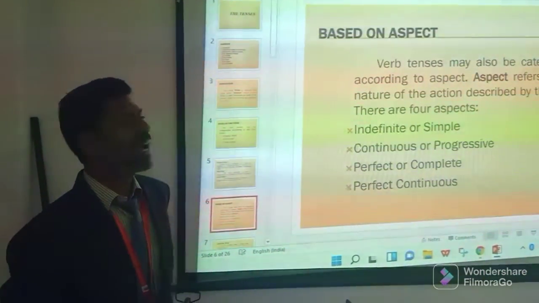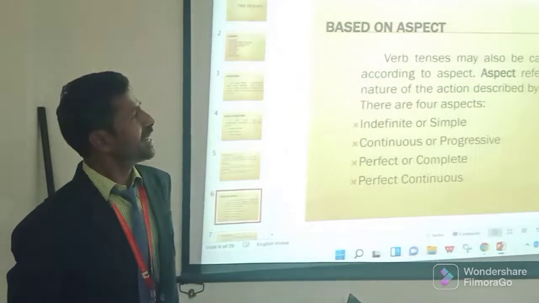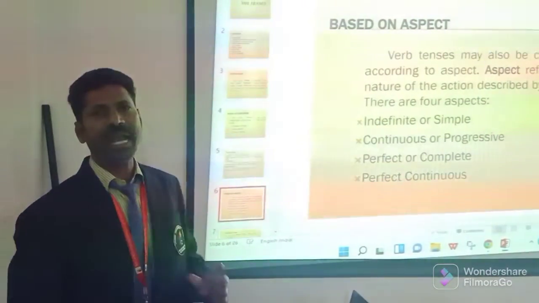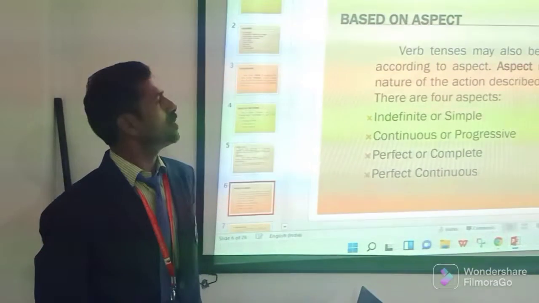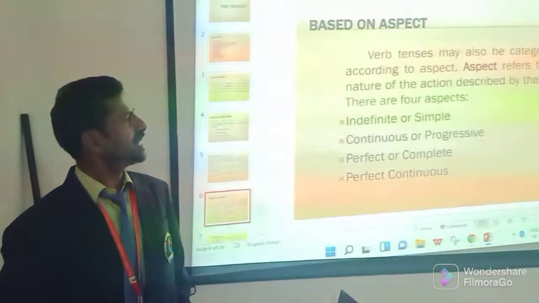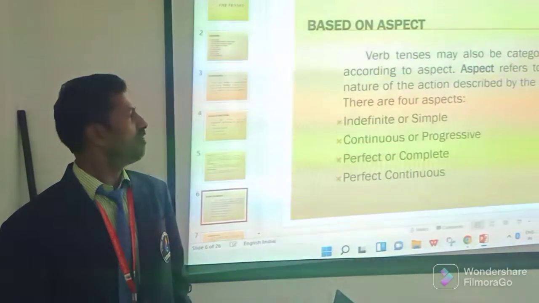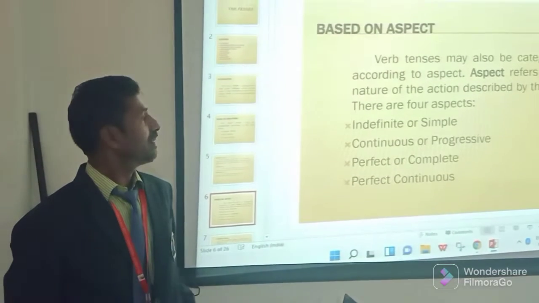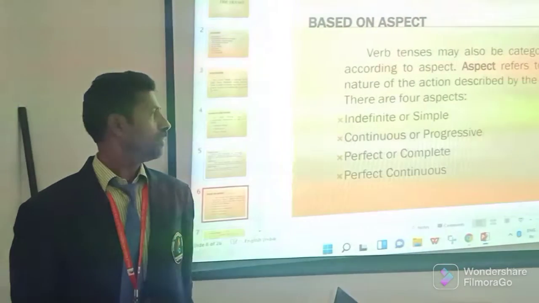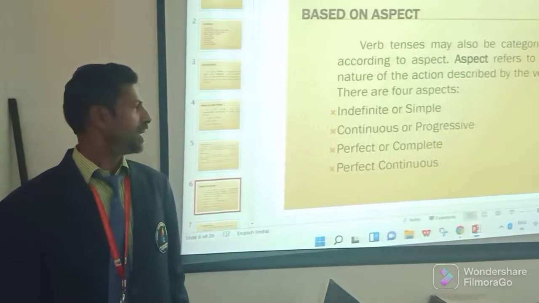Based on aspect, verb tenses may also be categorized. Aspect refers to the nature of the action described by the verb. There are four aspects: indefinite or simple, continuous or progressive, perfect or complete, and perfect continuous.